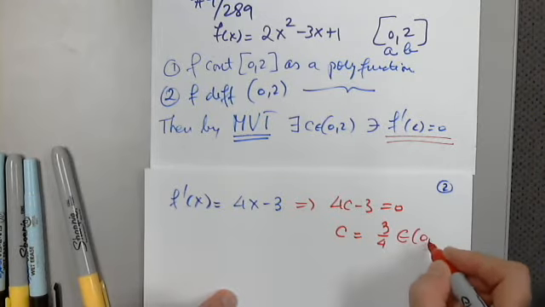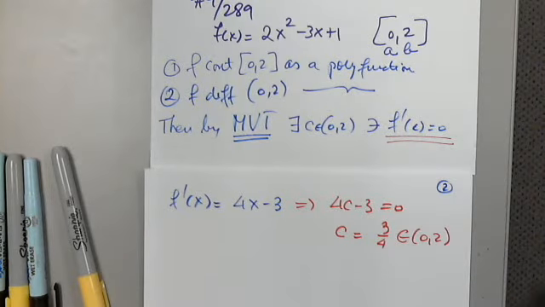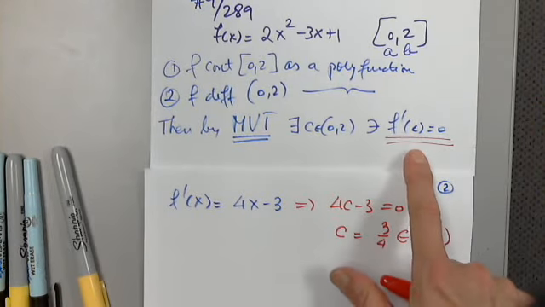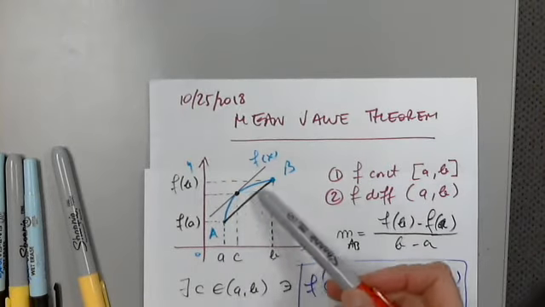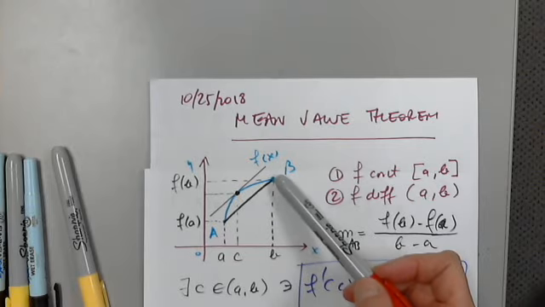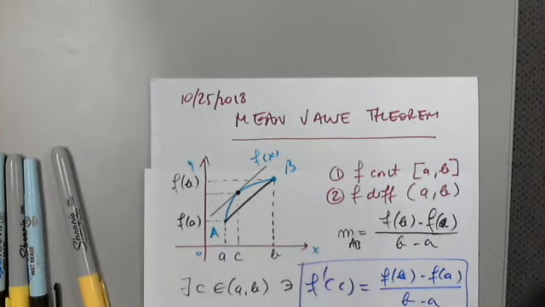It better be between 0 and 2. Why? Because it's guaranteed by the mean value theorem. So that tells us that there is a point where the function doesn't have a turn necessarily. It could. But there is a point whose derivative can be determined by the slope of the line passing through AB.